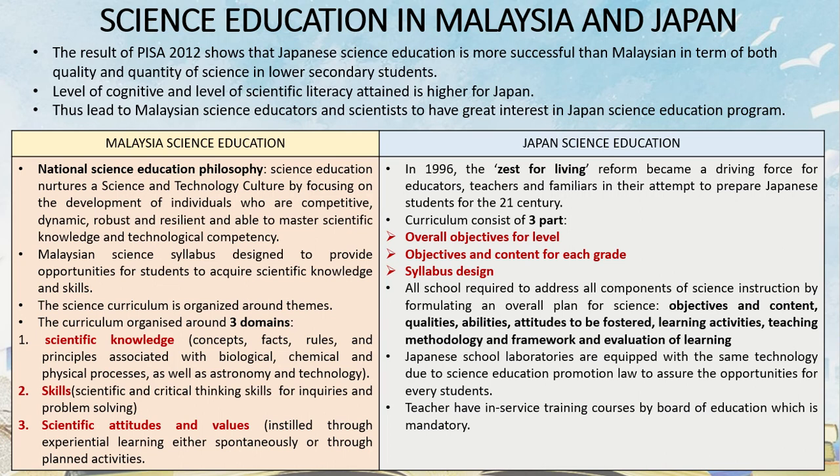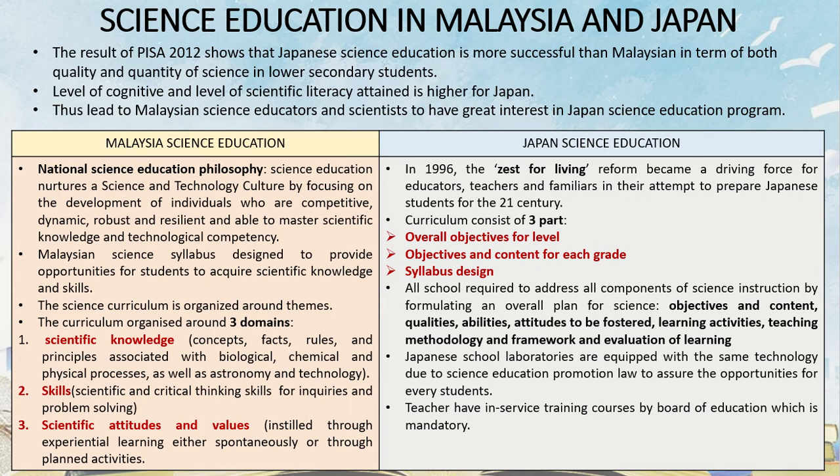The scientific knowledge consists of the concepts, facts, rules, and principles associated with biological, chemical, and physical processes, as well as astronomy and technology, while skill means critical thinking skills for inquiries and problem solving. The attitude and value are instilled through experiential learning, either spontaneously or through planned activity by the teacher.